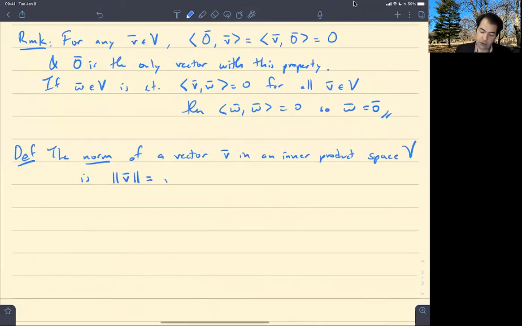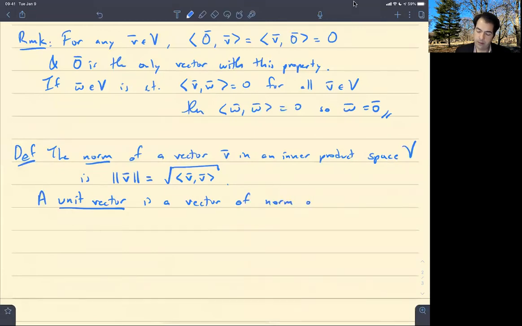And it is the square root of the inner product of v with itself. Notice that this makes sense because we required in the definition of an inner product that the inner product of a vector with itself is a non-negative real number, and you get 0 if and only if you have the 0 vector. A unit vector is what we call a vector of norm 1.